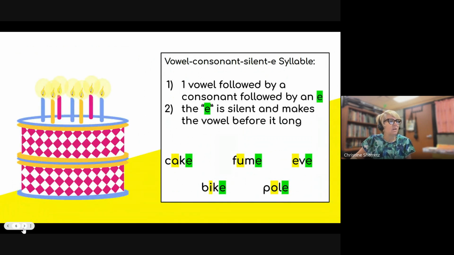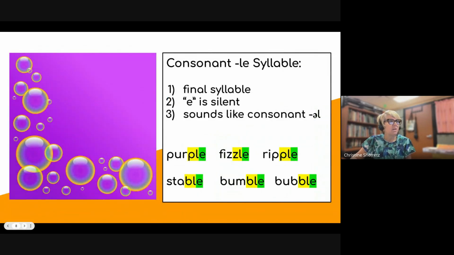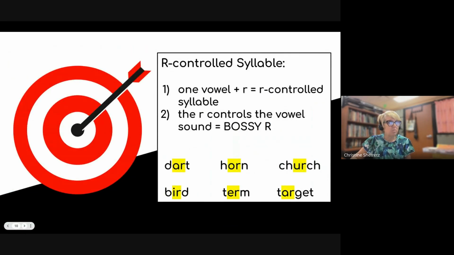We have vowel consonant E words. These are vowels followed by consonant E, and the E is silent. Now, I know I'm going over these fast, but I have an activity I want to show you. We have consonant LE syllables. This is when the final syllable E is silent, and it sounds like the sound. And then we have R-controlled vowels.